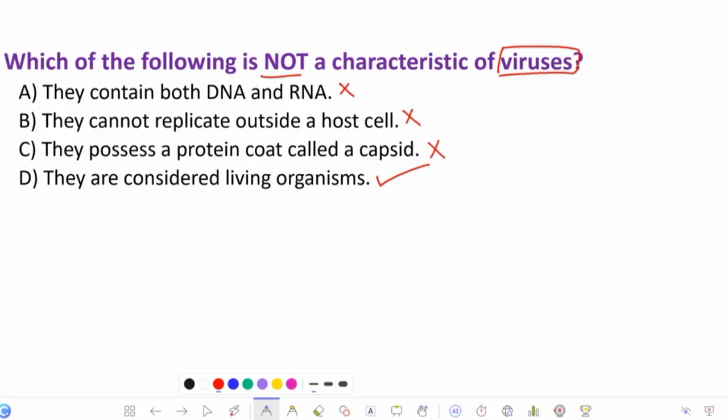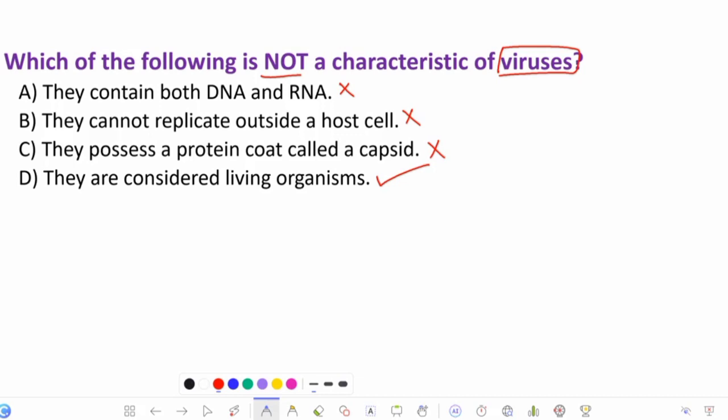Again, I am repeating: which of the following is not a characteristic of viruses? Number one, they contain both DNA and RNA. It is a characteristic of viruses, so it is an incorrect option. They cannot replicate outside a host cell. Again, it is a characteristic of viruses, so it is not the correct option.